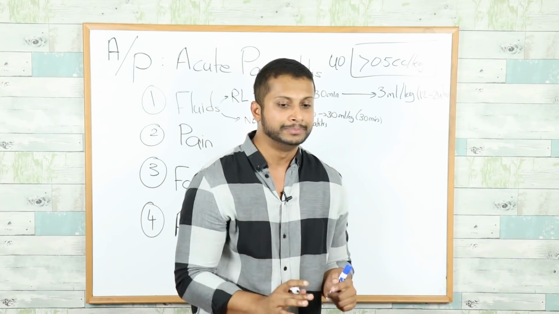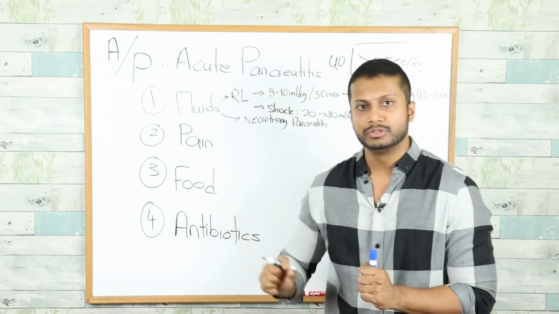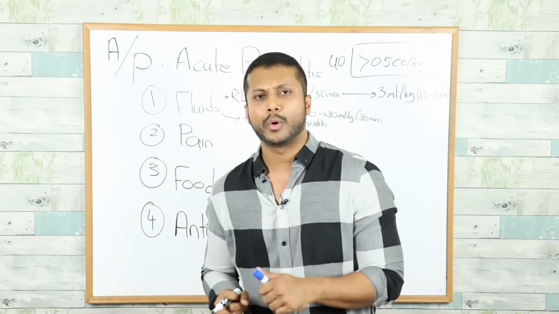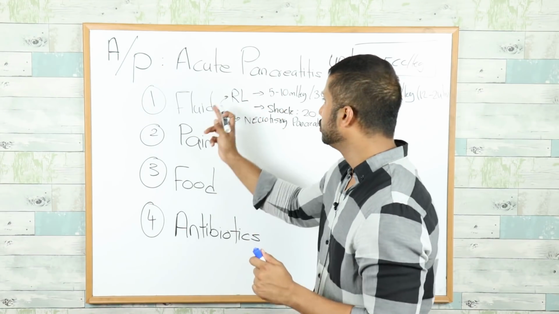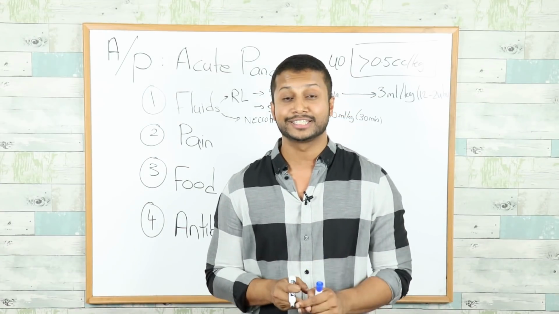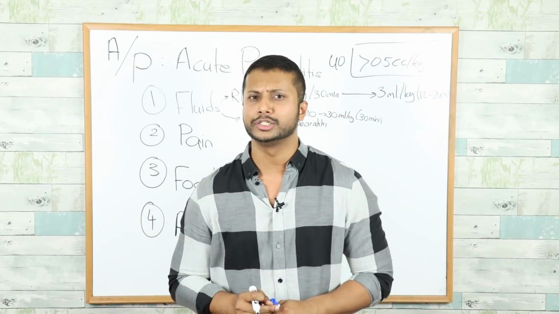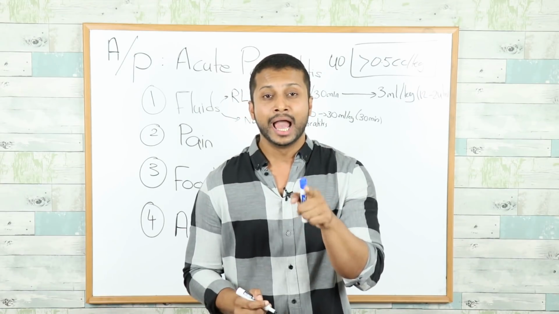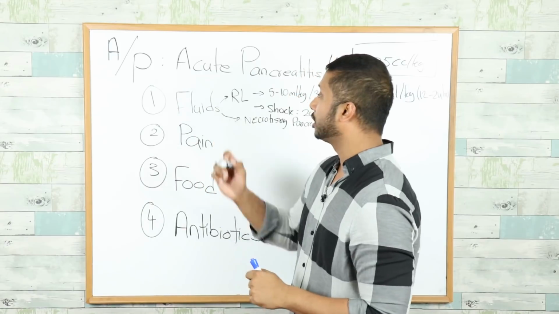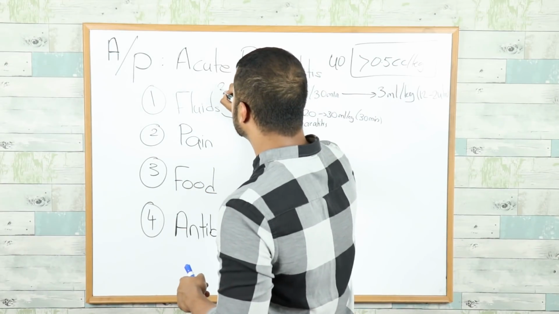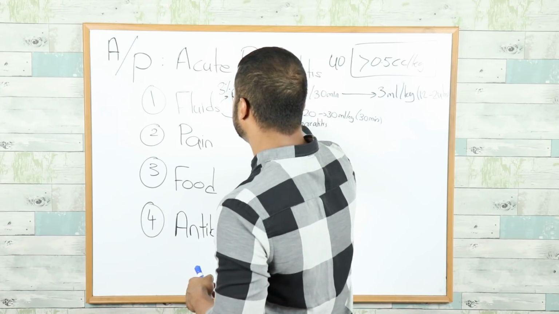All right, so you know how to manage the patient with fluid hydration, but the story still does not end here. Now the question: when would you not use Ringer's lactate? Is there a contraindication for you to use Ringer's lactate? Yes, there is. Remember one of the causes I told you which would cause acute pancreatitis? Hypercalcemia. Hypercalcemia, you should not use Ringer's lactate. You know why? Because it contains almost 3% of calcium.